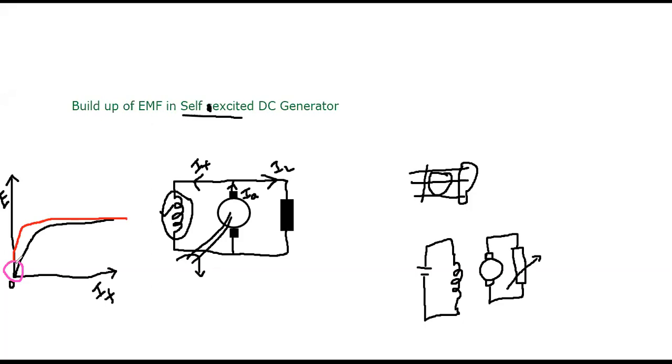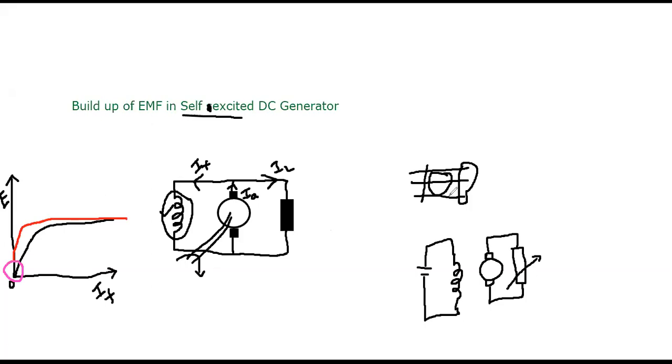So residual magnetism means what? It is a small amount of magnetic field which is found in the material of the copper, in every conducting material. So that is residual magnetism. Due to its effect, a magnetic field will be developed here.